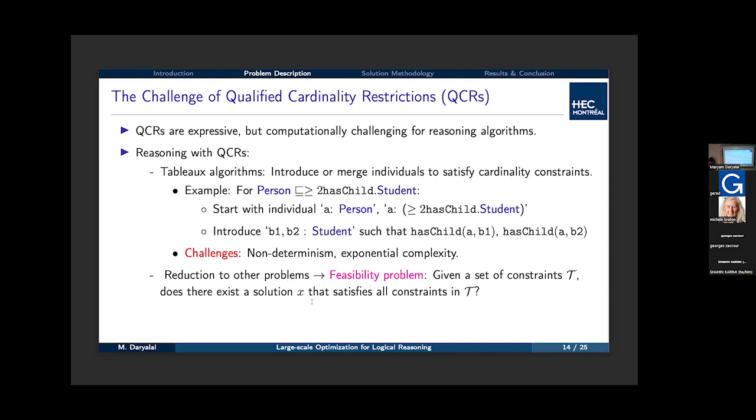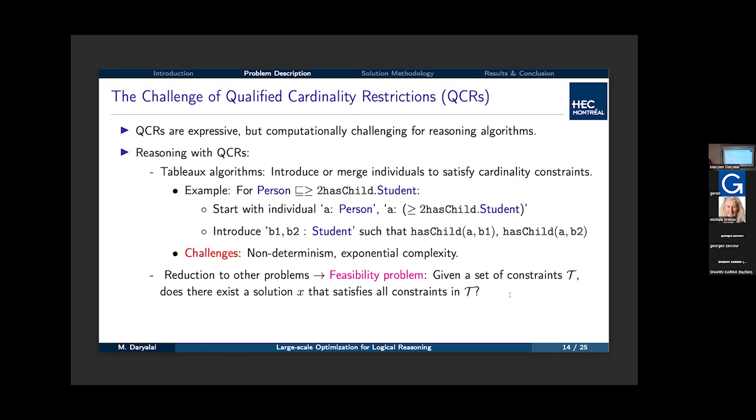About 8 years ago, I got involved in a project like this where we tried to translate these description logic models into optimization models, because we're very good at dealing with exactly this problem that they have. I was the optimization person, so I tried to do this translation and then solve them just for these QCRs.